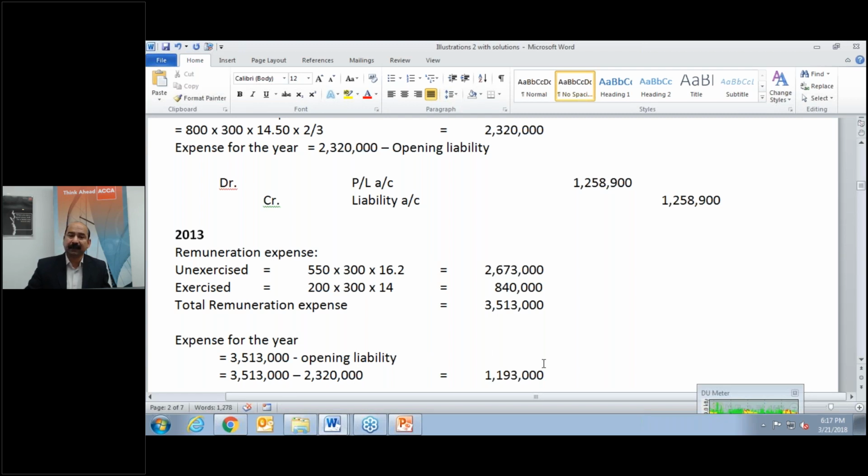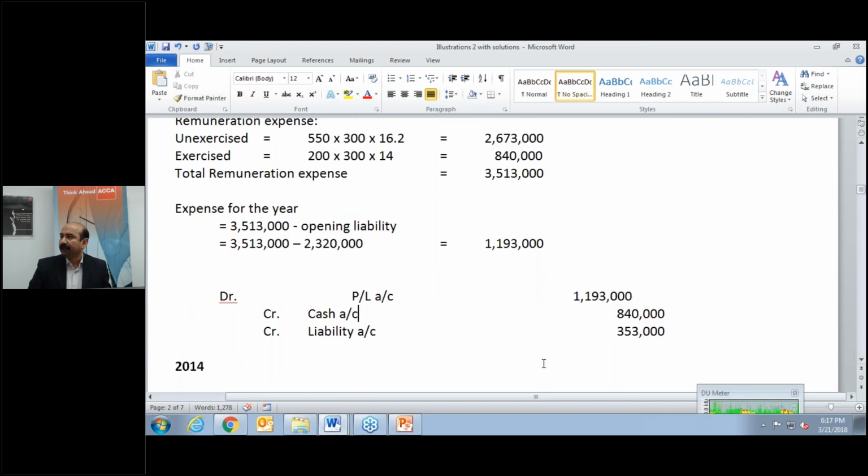This is the closing liability for 2013, and our entry will be debit expense, credit cash because we have paid cash, and this is the expense for this year, third year, and this is the balancing figure, which will be credited to the liability.